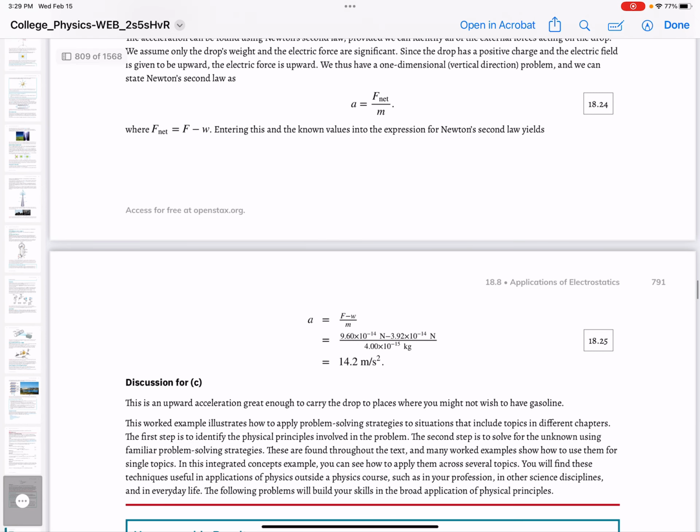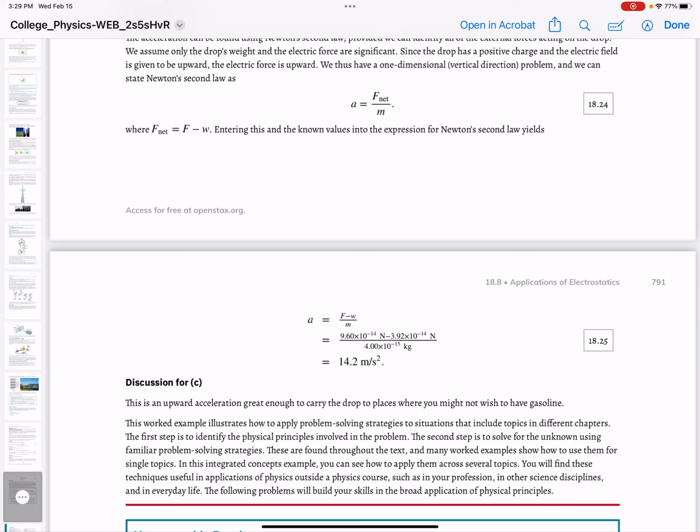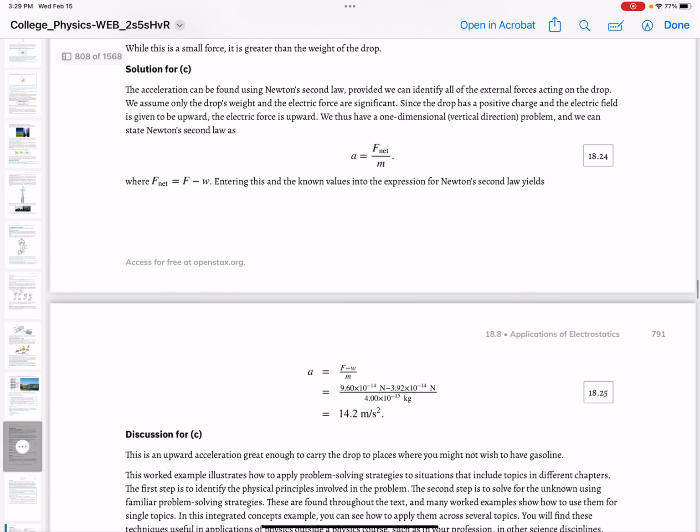So our net force in this case, this is unlike problem 11 of this week's homework, because in the y direction we have the downward force of the weight, and we have the upward electric force. And you can see that here we've got 18.24, a equals F net over m. And the next sentence, F net equals our electric force minus our mg, okay?